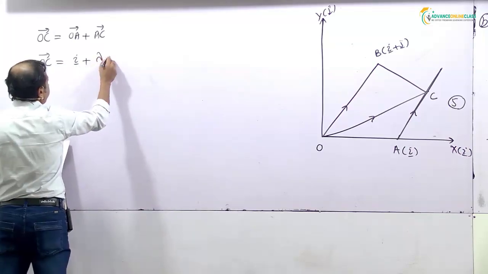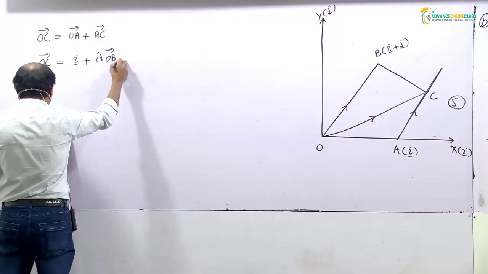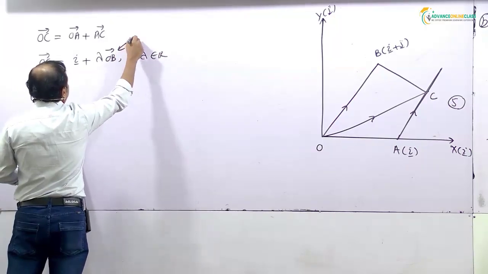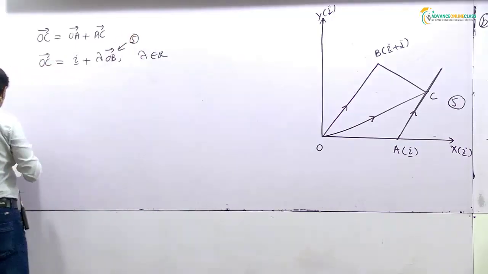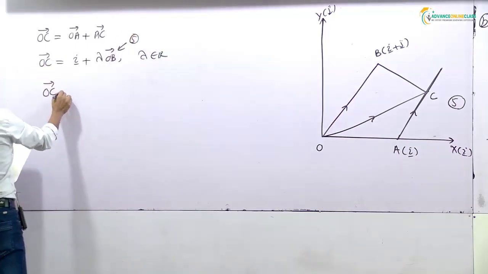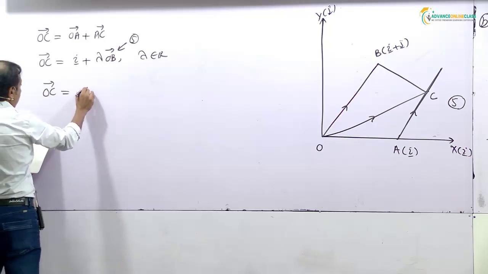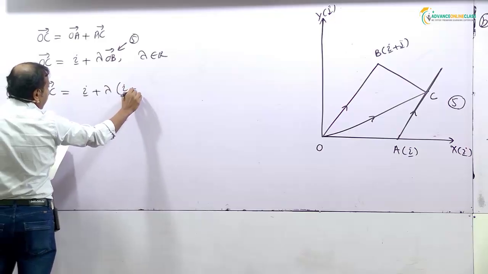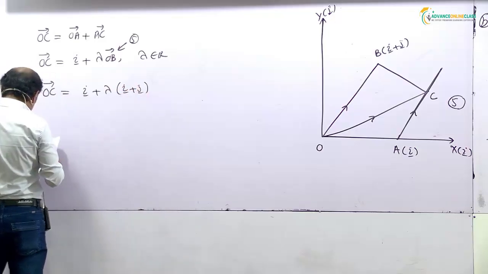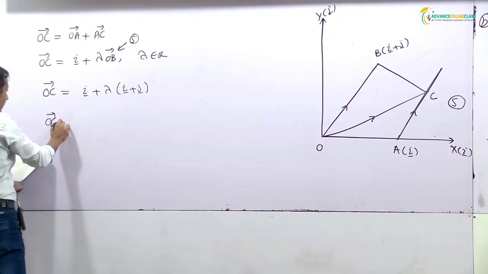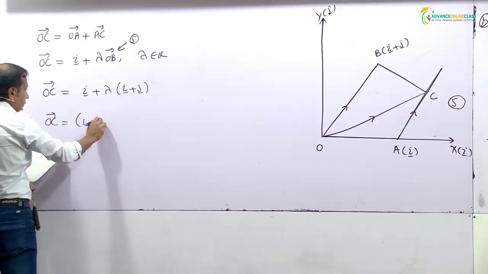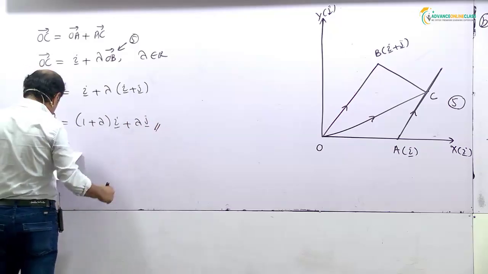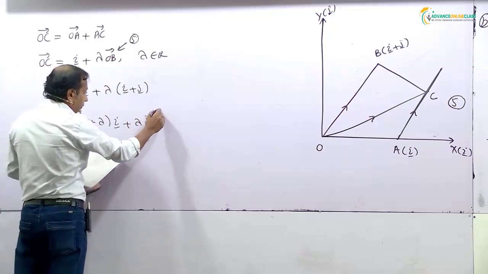Lambda is a real number. For this 5 marks. So the OC vector is i plus lambda OB, with OB being i plus j. Then I can write OC by taking the i vectors together. Other 5 marks coming here.